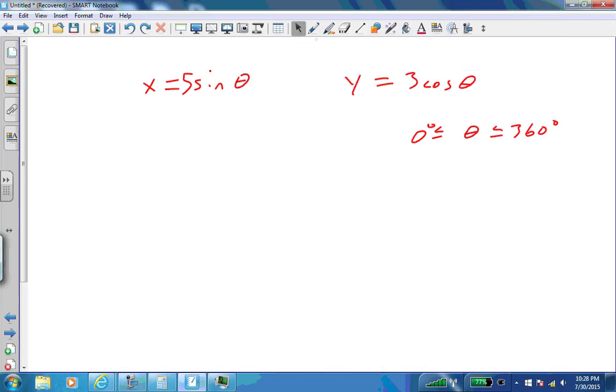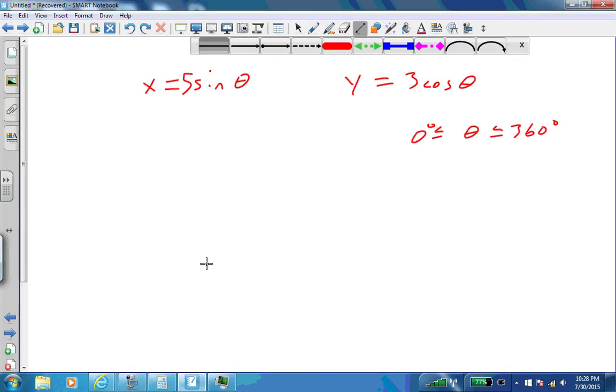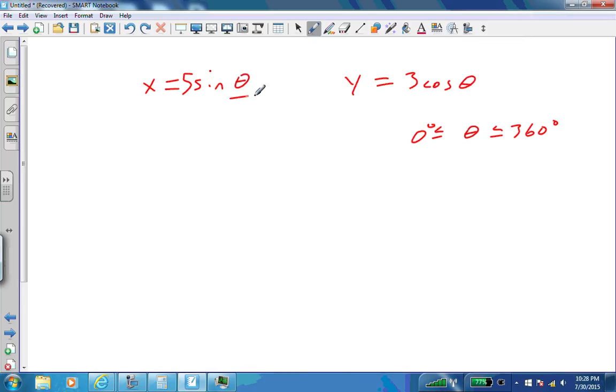So keep in mind that when we plot this as a parametric, we're going to plot an x and y. Now, we have a parameter theta that we're going to vary, but when we plot values, we're plotting x and y values.